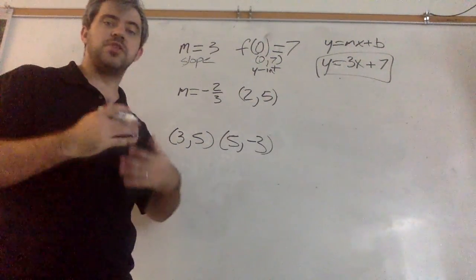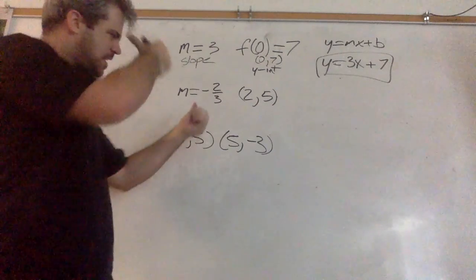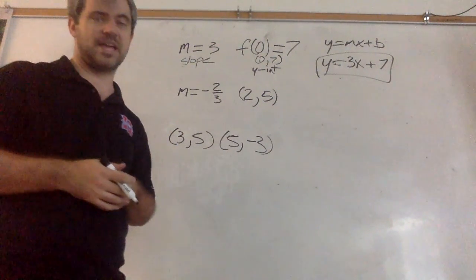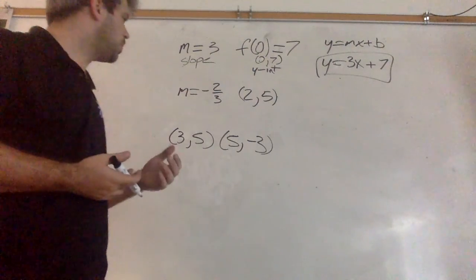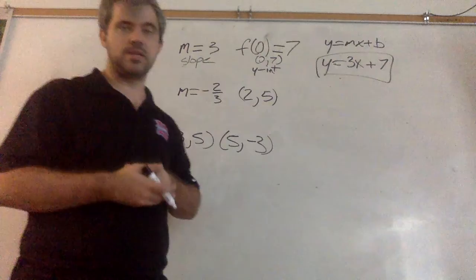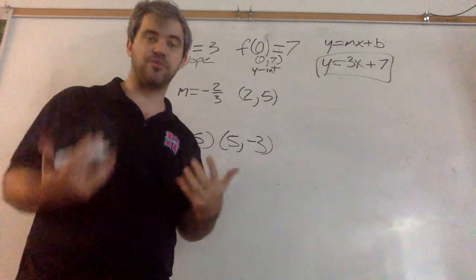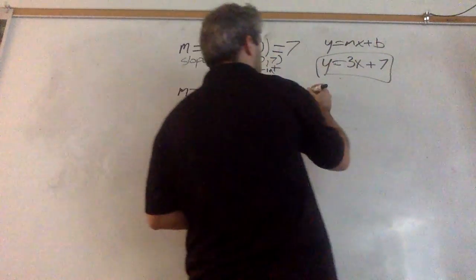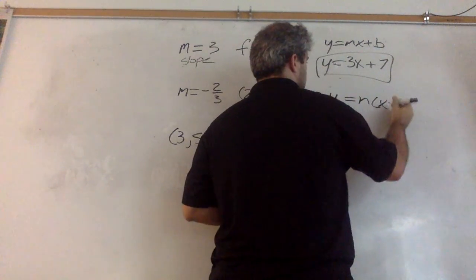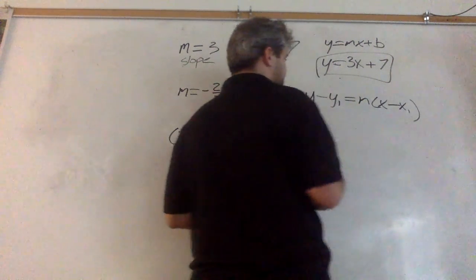All right, so the next thing we're going to do is we're given a slope and a point that is on this line. So if we have a point and a slope, we need to use point-slope form, okay? So we've got y minus y1 equals m times (x minus x1).